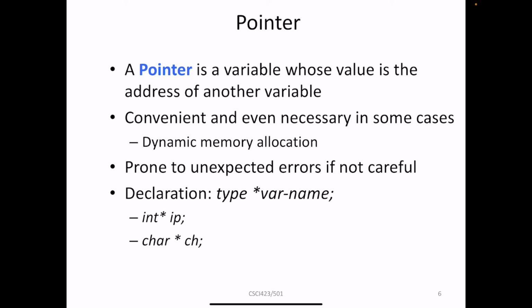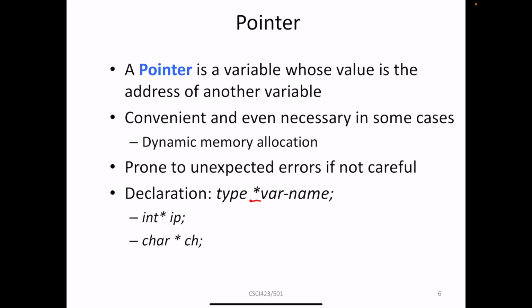And then let's see how we can declare a pointer. Actually, it's quite simple. Just like you define a standard variable type, the only difference is that you add a star in front of the variable name.